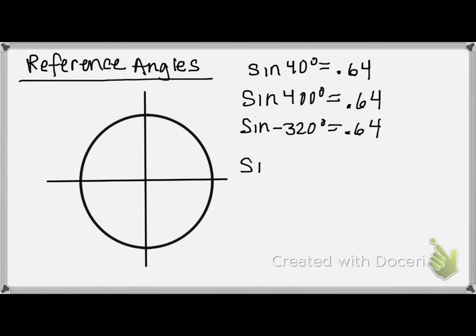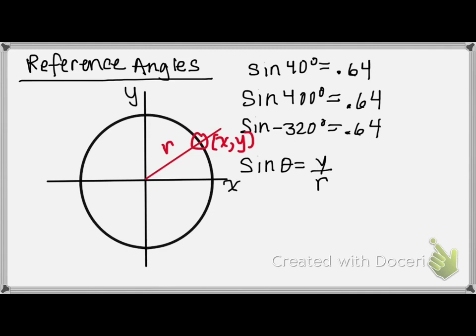Sine theta is y over r, which means that if I place a circle on an xy axis and then I rotate through an angle of 40 degrees, the place where that angle intersects the circle has an x coordinate and a y coordinate. And the circle itself has some radius.